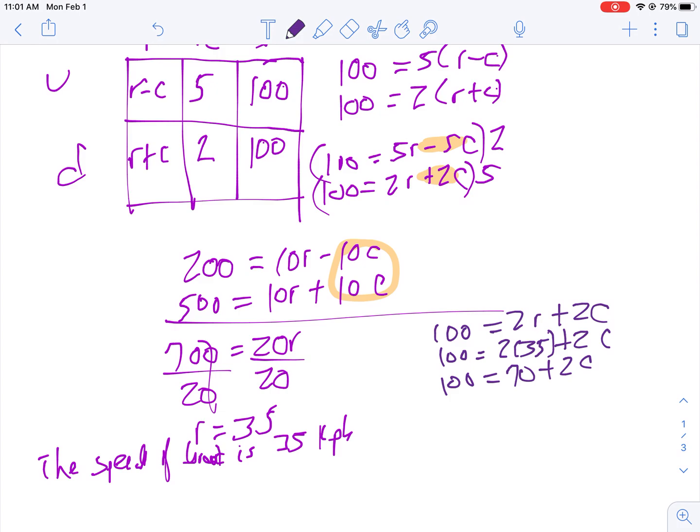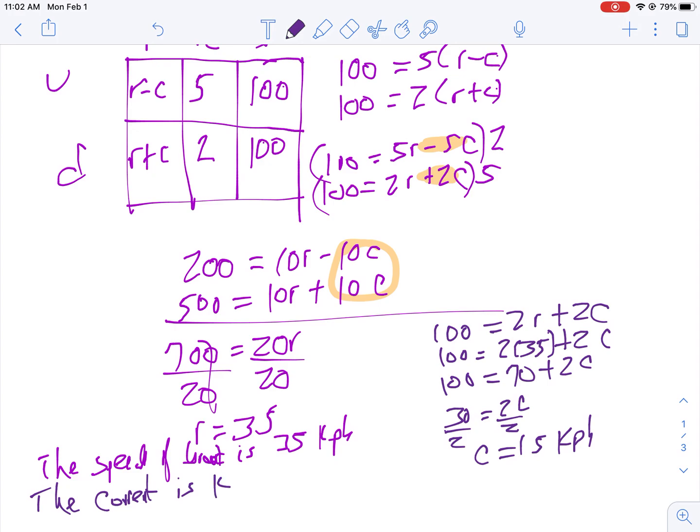Minus 70 from both sides, and we get 30 equals 2c, divided by 2. c is 15 kilometers per hour. So the current is 15 kilometers per hour.